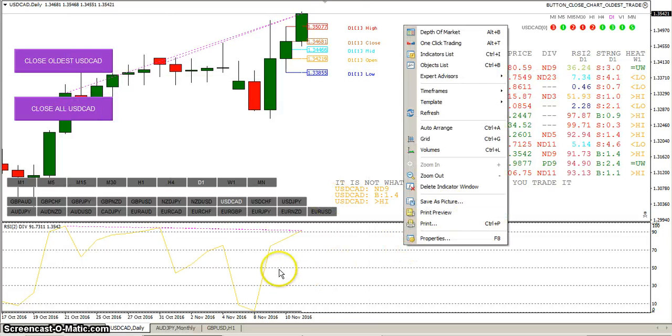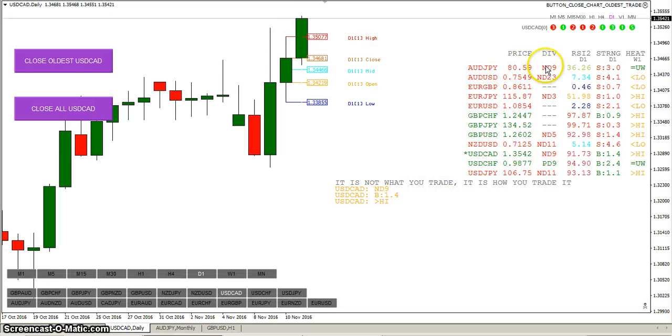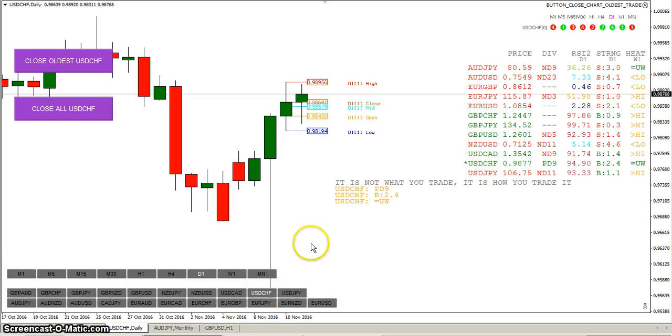So without having to clog up your screen with squigglies, you can see where there's divergence. So you can think, oh wow, dollar franc, maybe I might want to trade that.